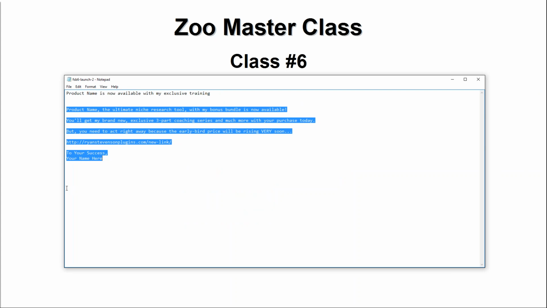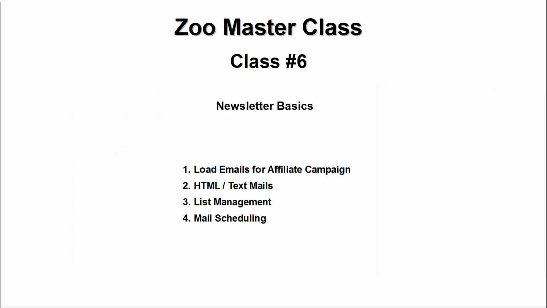So then we have a number of these text files sitting around, one for each of the emails that we send out, and we just need to load all these emails up into our newsletter.